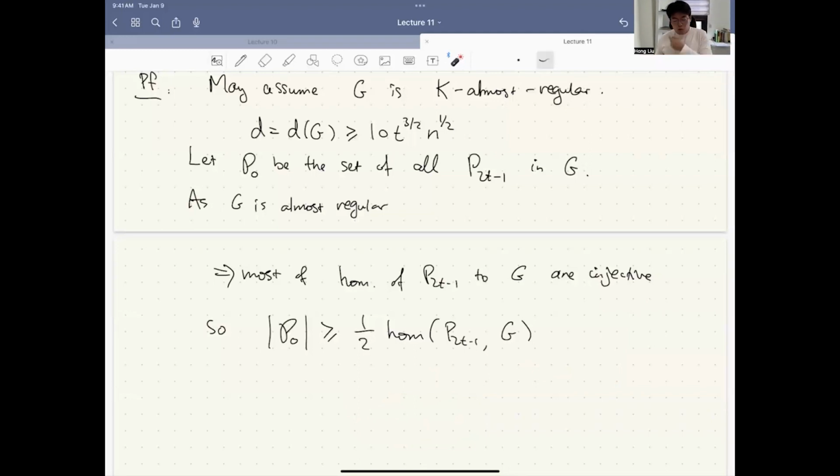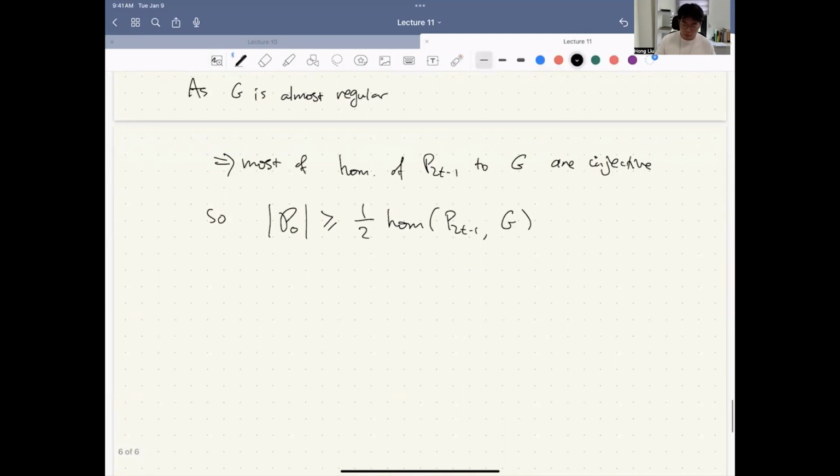Okay, now we're going to do this deletion process. Whenever there's a bad path that does not have many substitutes, many ways to replace one of its vertices, we're going to delete it. So we're going to define this deletion process.